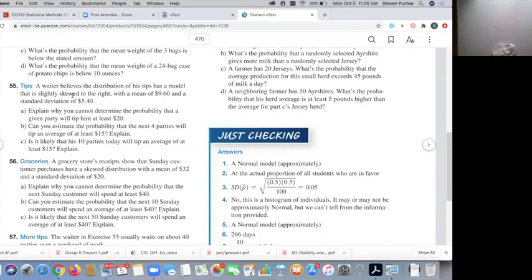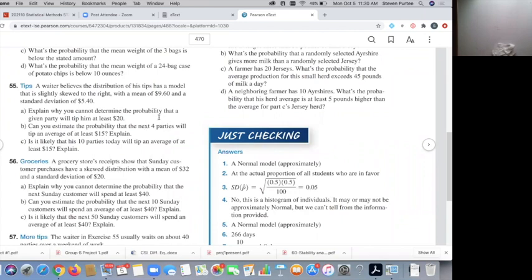I don't know what model to use because we don't have that button on our calculator. That's why we can't do it. It's not because you never know what the next person is going to do. Of course you don't, but you can still make predictions. You can give probabilities.